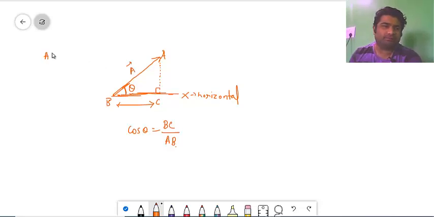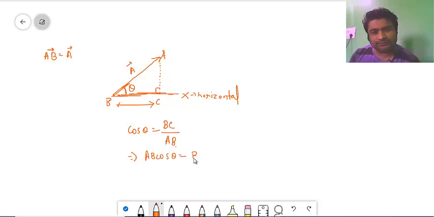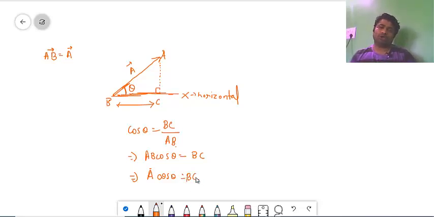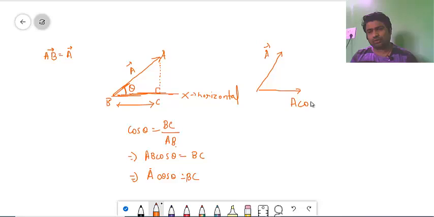So cos theta equals BC upon AB, or can I write AB cos theta equals BC, or instead of AB, can I write A? So simply, if this is A vector, then this one is my A cos theta.